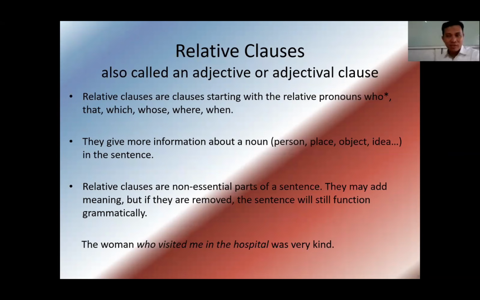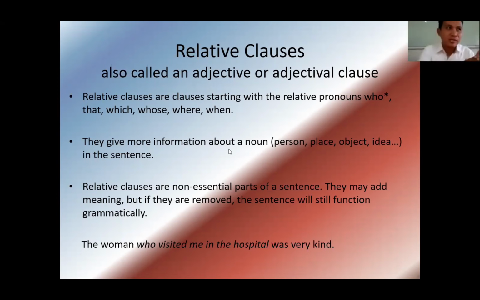And I hope you know what those relative pronouns are. Relative pronouns are who, that, which, whose, where, when. And the relative clause gives more information about a noun.